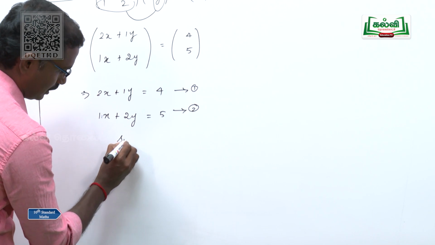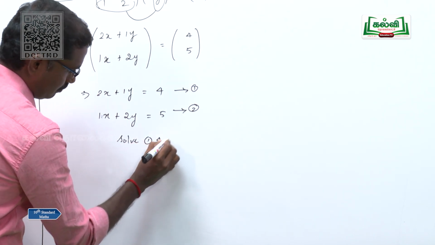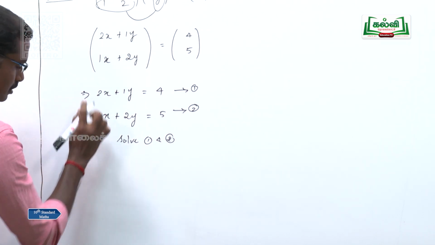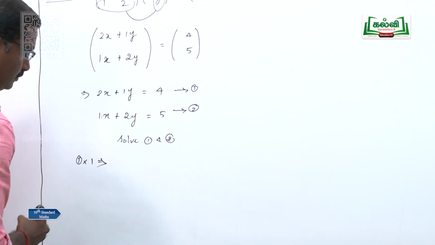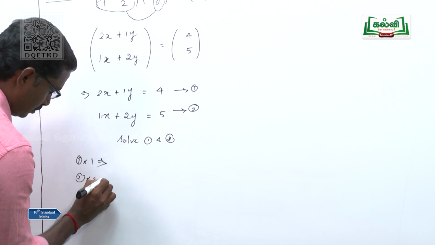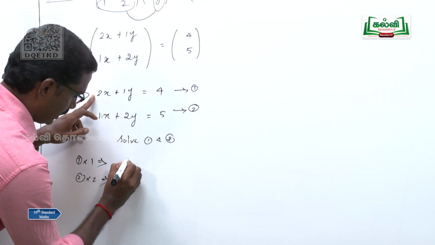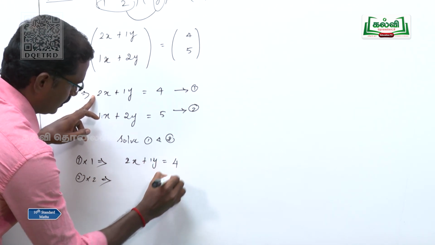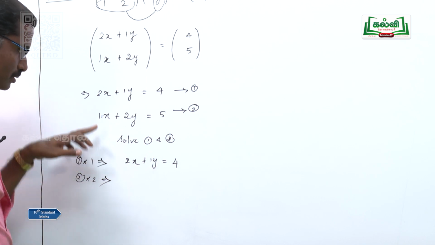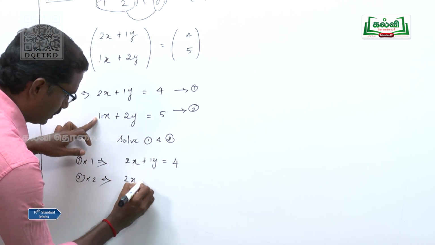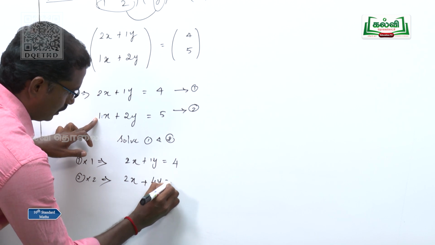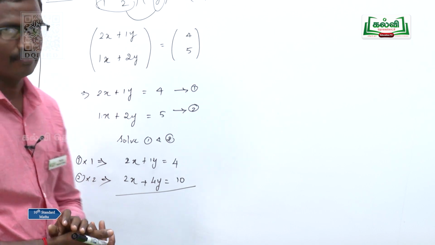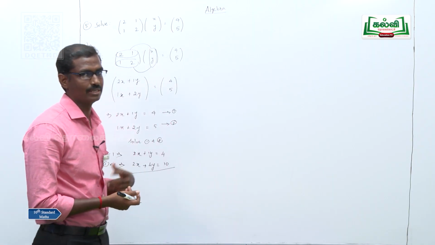Solve 1 and 2, you will get the value of x and y. First equation multiply by 1, second equation multiply by 2. Multiplying by 1 you will get the same value without any change. Second equation multiplied by 2 gives 2x plus 4y equal to 10. Both have the same value and same sign, so we can't eliminate.